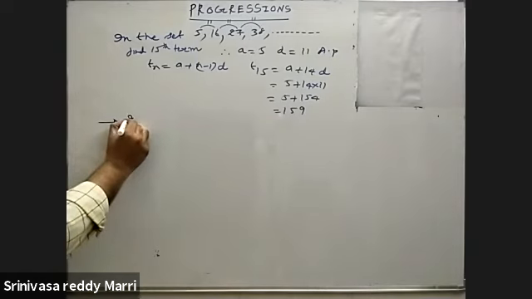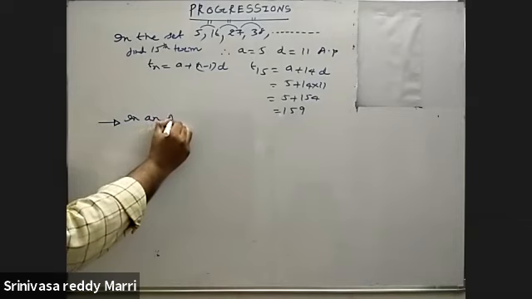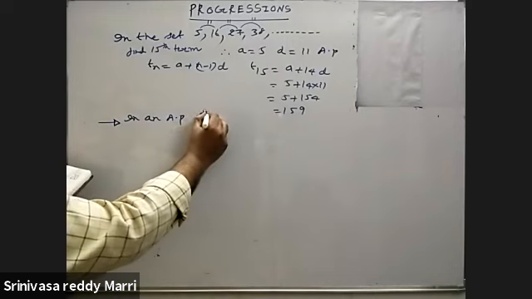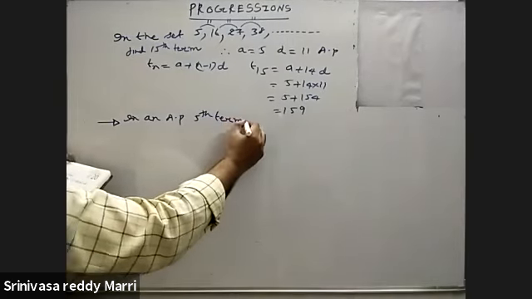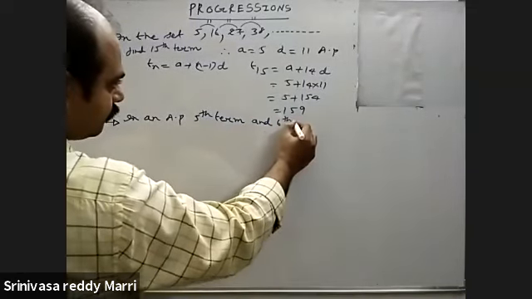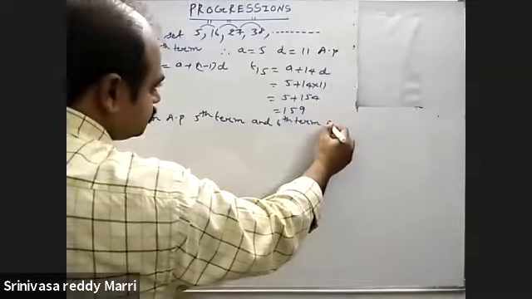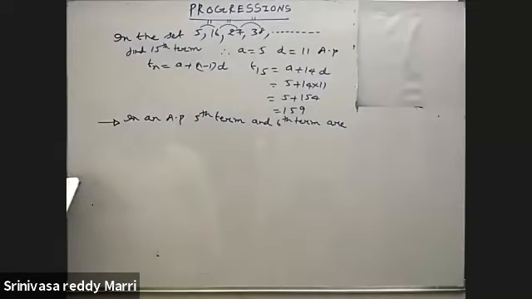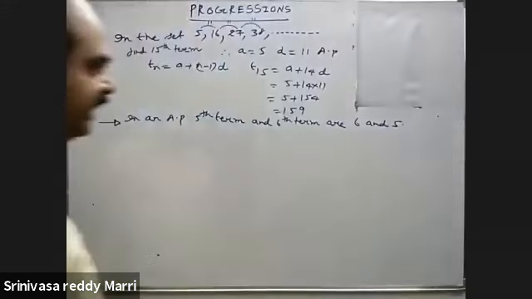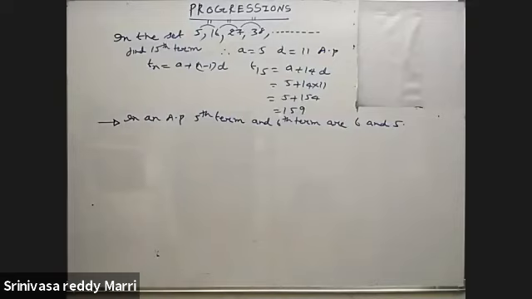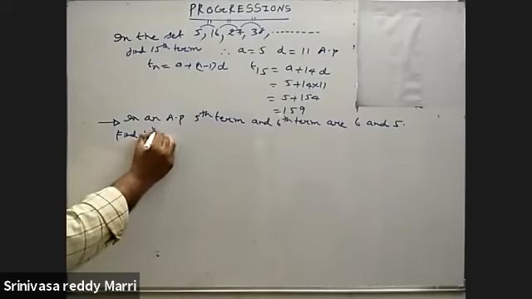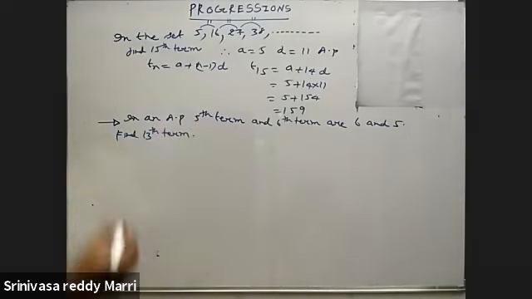In an AP, the fifth term and sixth term are 6 and 5. So, given in an AP, the fifth term and sixth term are 6 and 5. Find the 13th term. Look at the example.